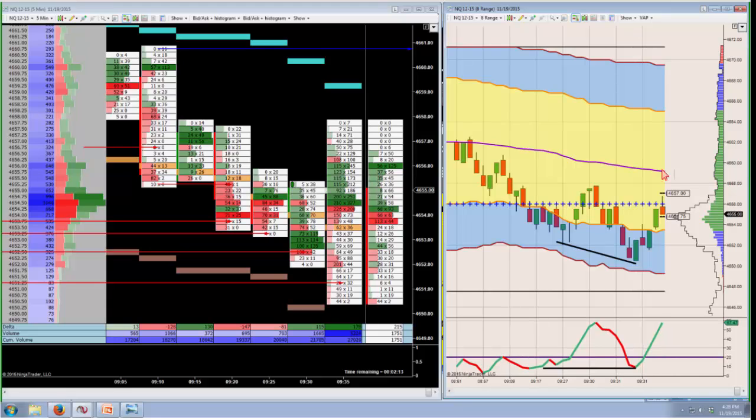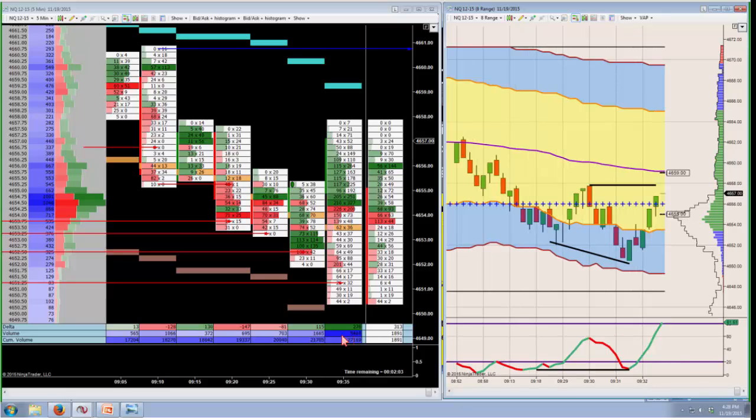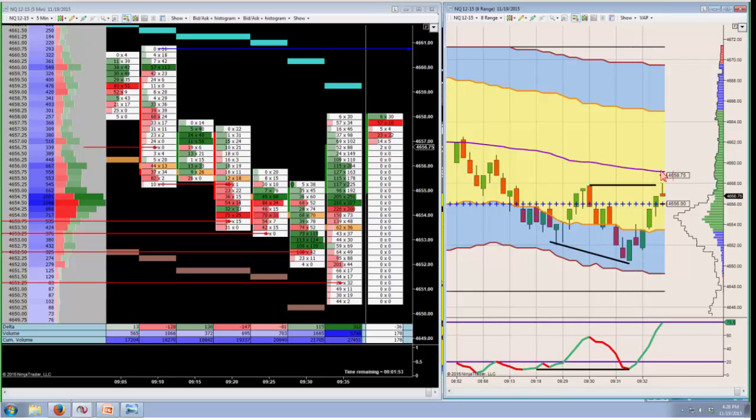As far as I'm concerned right now, I have to look at this area to my left that last held right here. So if you buy the low value area here with the buyers coming in, you can see we've got positive delta, then this would be the area, like I said, that I would be looking at possibly getting to, and then the next area above me here at the point of control.